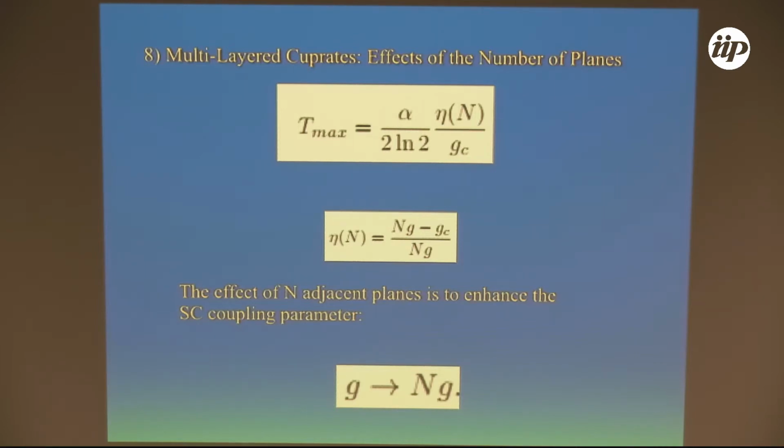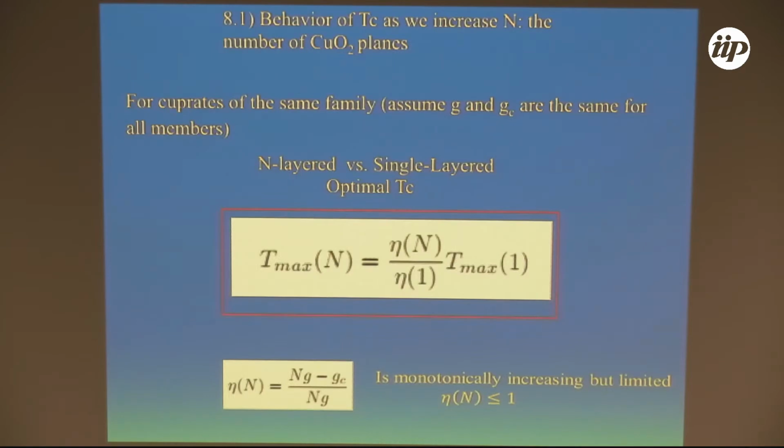The presence of n layers makes G goes into nG. And so if we assume that the couplings G and Gc are the same for all members of the family, then the ratio of T optimal for n layers with respect to T maximum with one layer is just this.